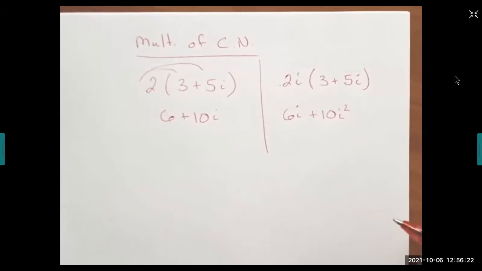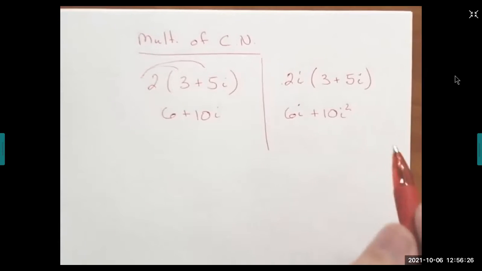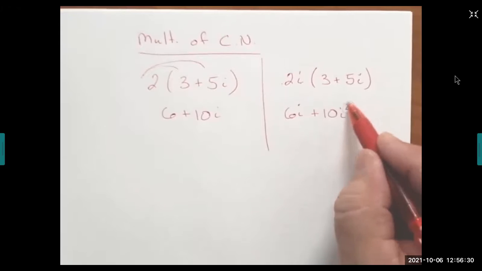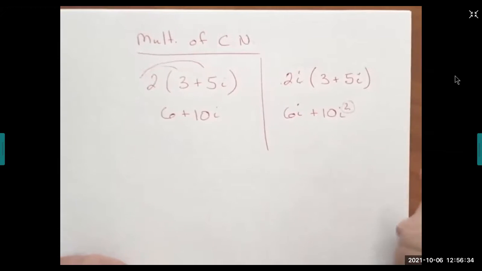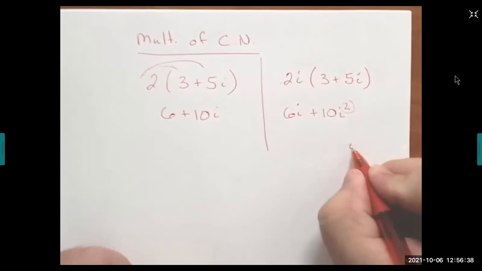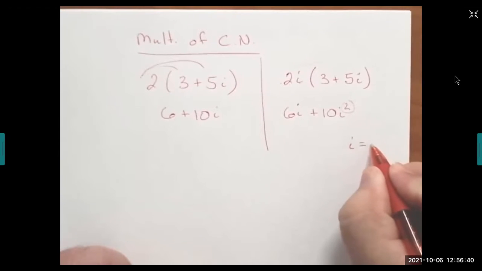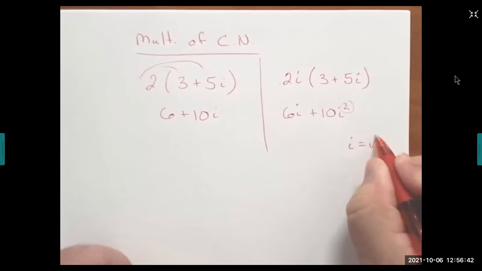Houston, we have a problem. In complex numbers, you can never have an exponent on the i. So we know that i is equal to the square root of -1.